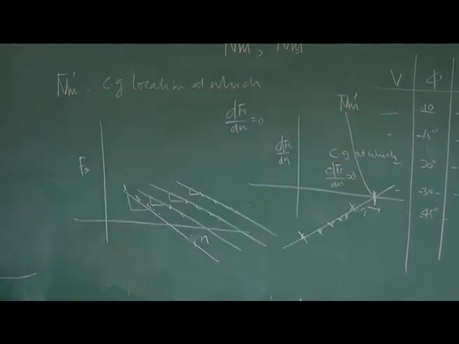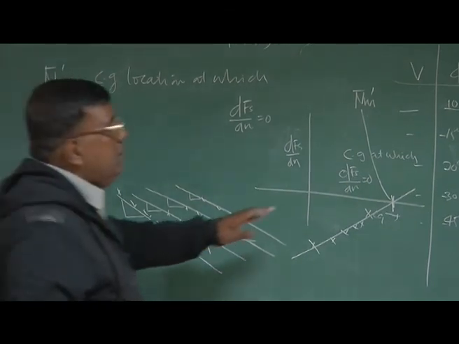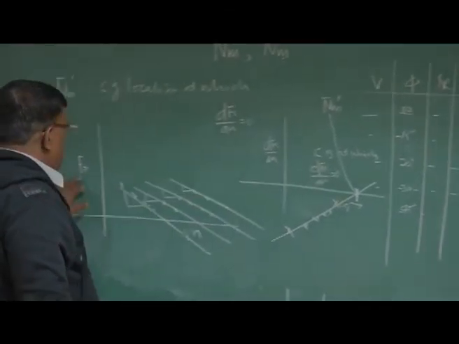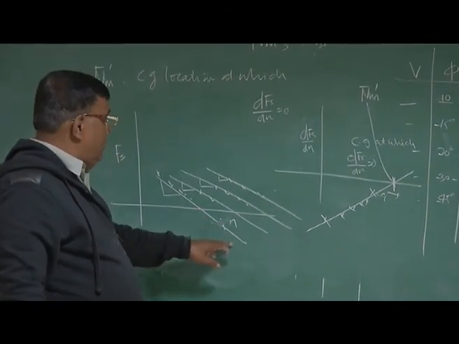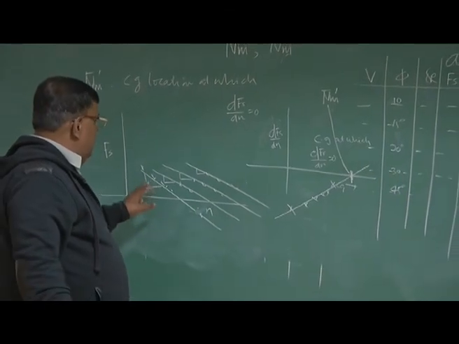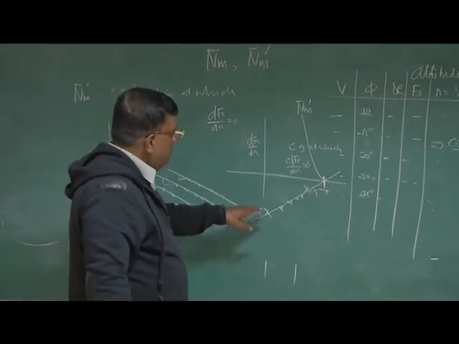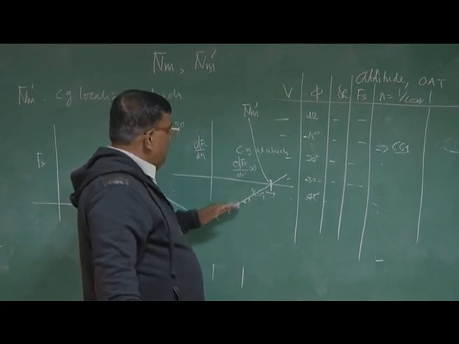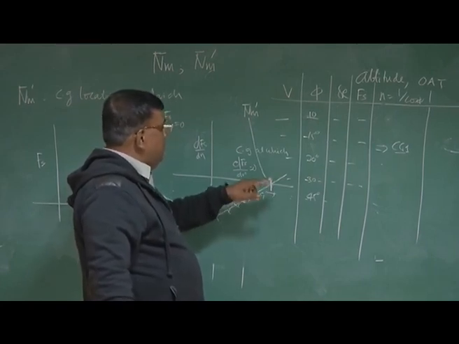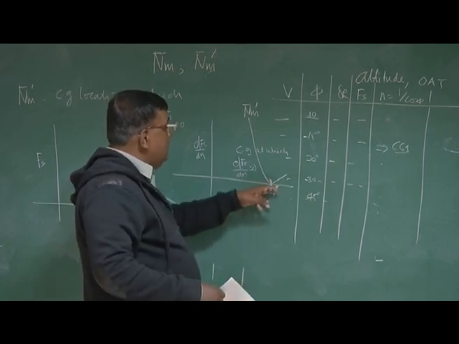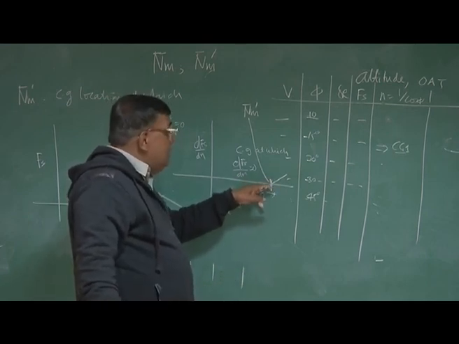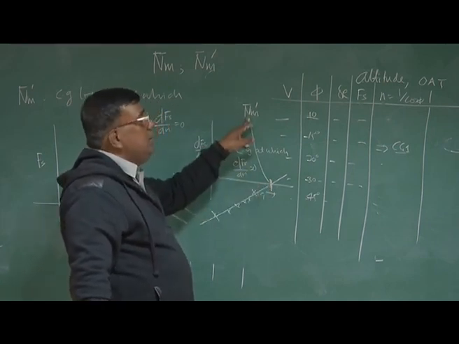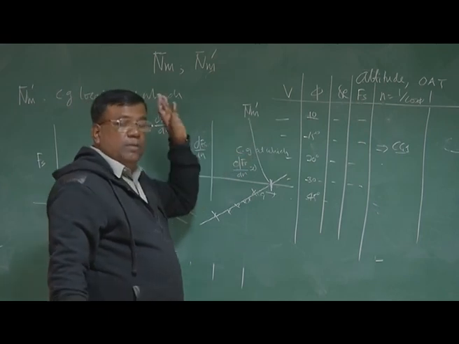I repeat, we have already measured Fs and n I know. So I first plot Fs and n for different CG locations. I join them, take their slopes. I cross plot their slope corresponding to different CG locations. Then I join them, straight line, extrapolate, cut the xCG axis here, and this is the CG location at which dFs by dn is 0. So that by definition is the stick free maneuvering point.